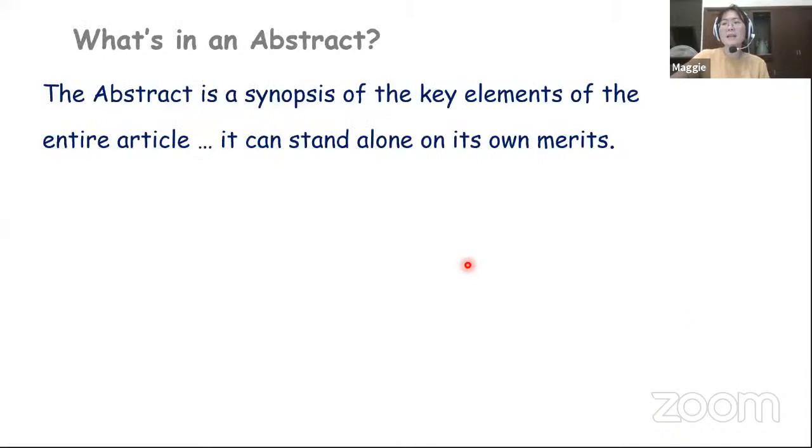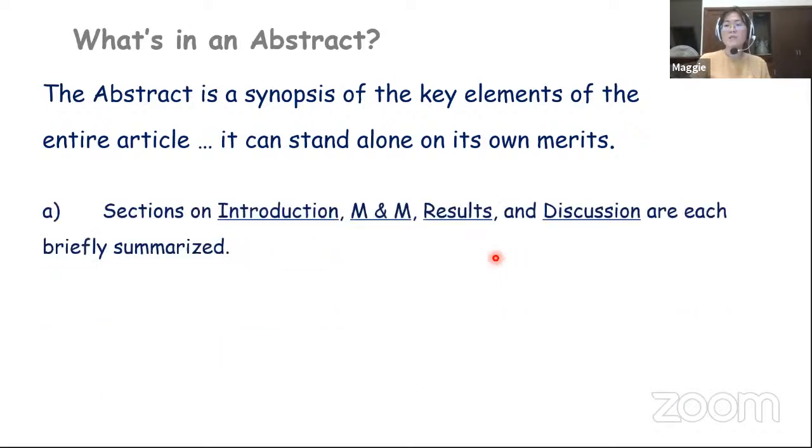So what's in an abstract? An abstract is a synopsis of the key elements of the entire article. It can stand alone on its own merit. So it should include all these sections.